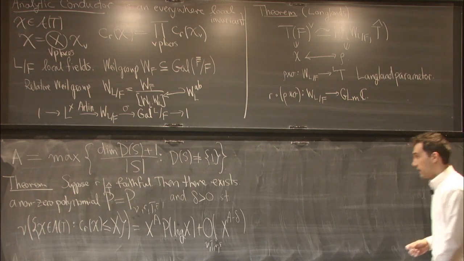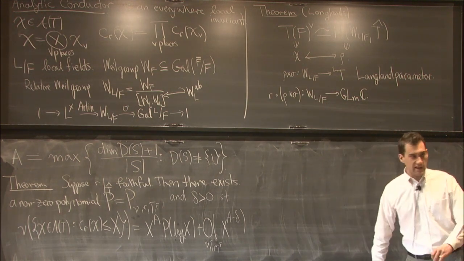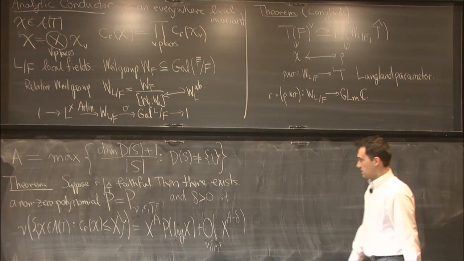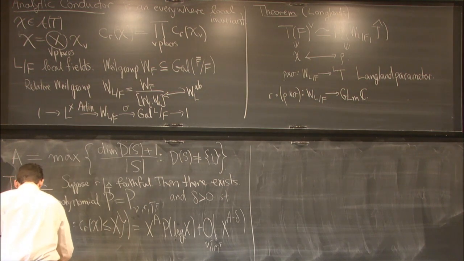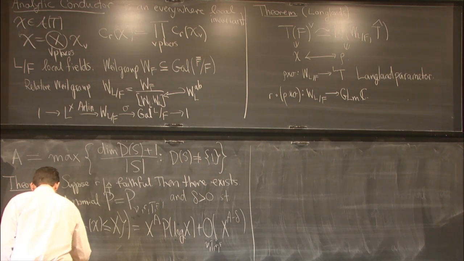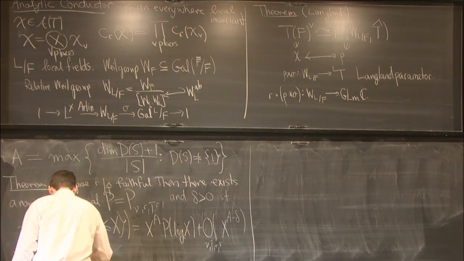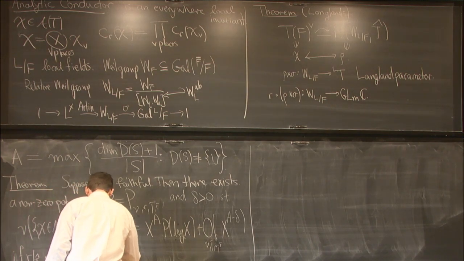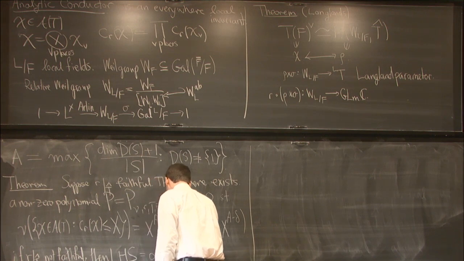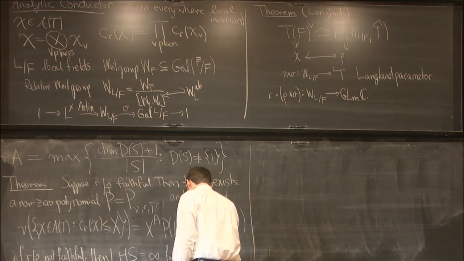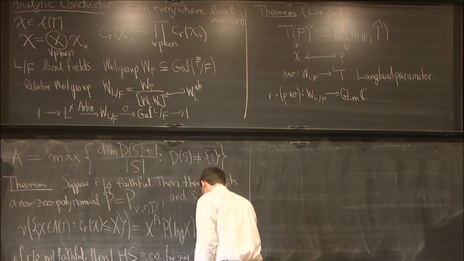So A doesn't have to be an integer? A does not have to be an integer. And if R restricted to T hat is not faithful, then the left-hand side is equal to infinity for some finite x.